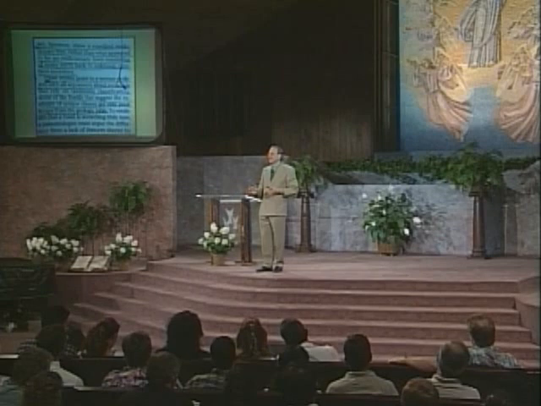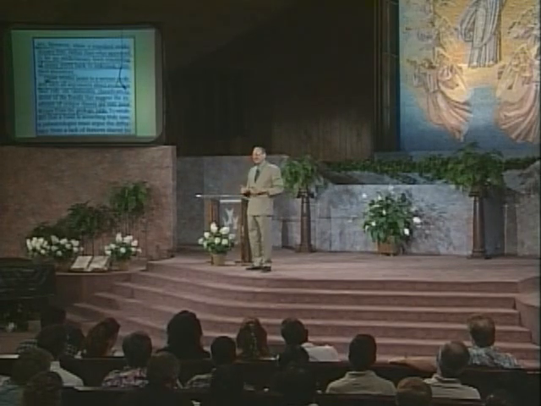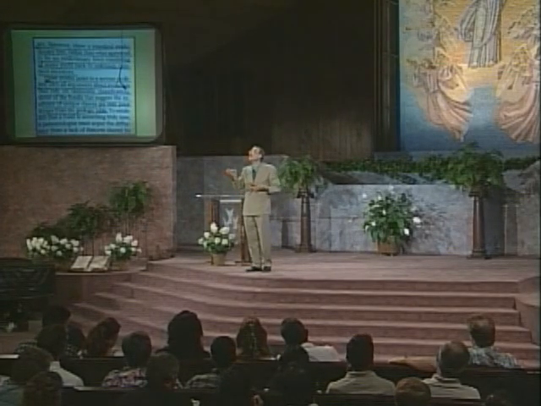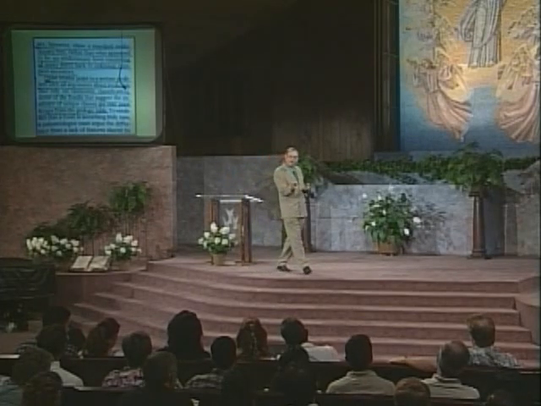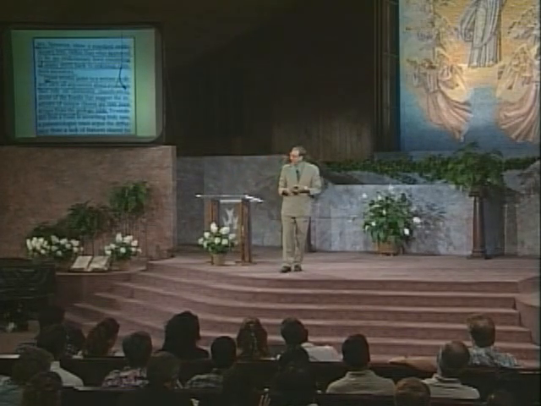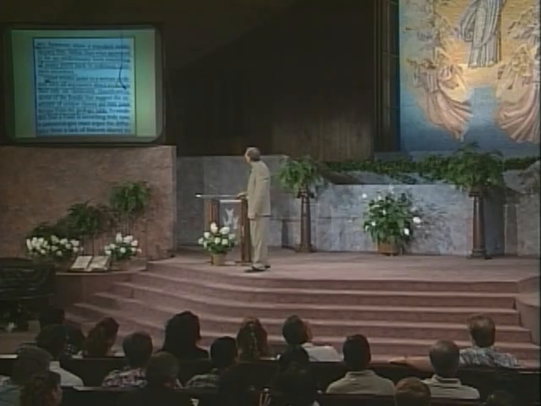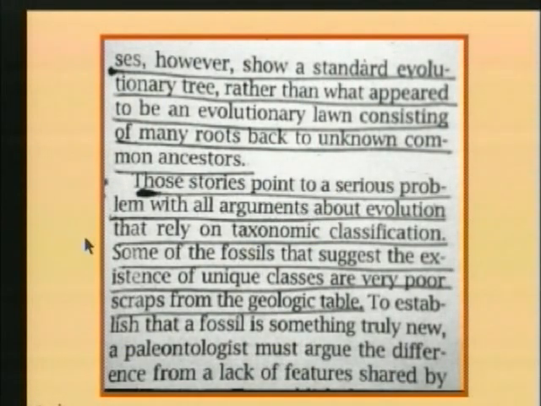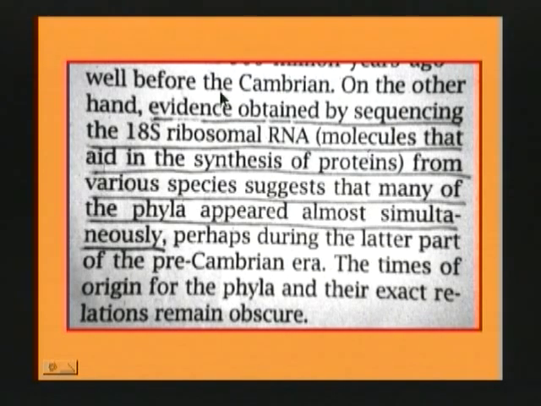That's what science teaches. He says, no, we don't have an evolutionary tree. We have an evolutionary lawn. Everything's there at the same time. It says such stories point to serious problems with all arguments about evolution that rely on taxonomic classification.